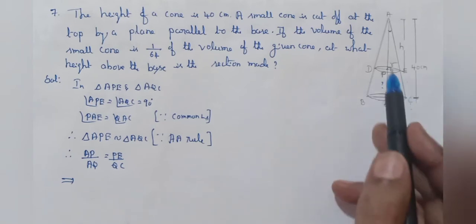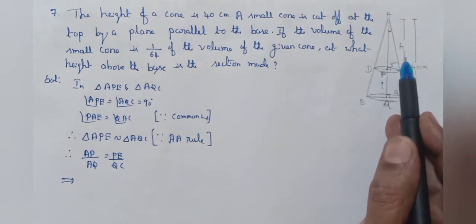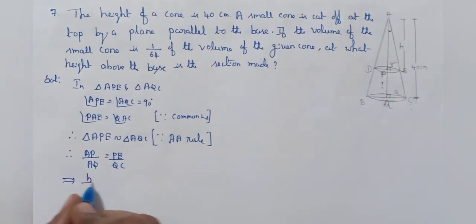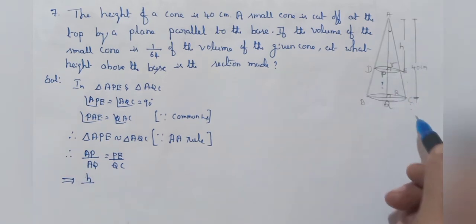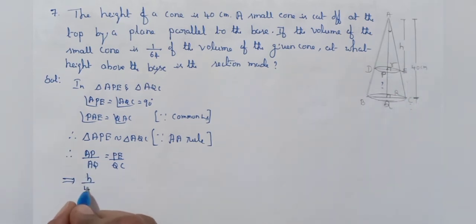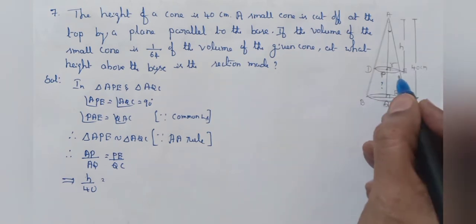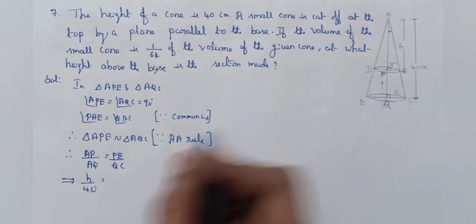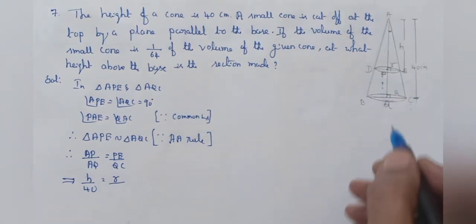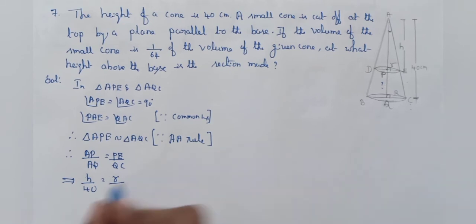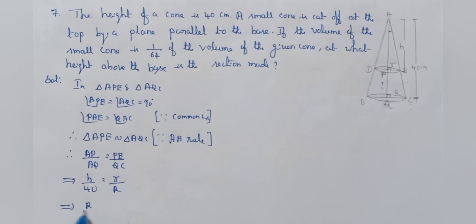AP is the height of the smaller cone, which we consider as small h, and AQ is the height of the whole cone, that is given 40 centimeter, and PE is the radius of the smaller cone, small r, and QC is the radius of the whole cone, capital R. So capital R by small r is equal to 40 by h. Consider this as equation 1.